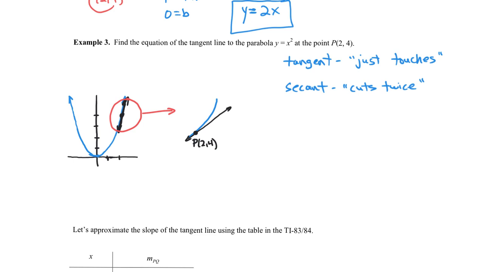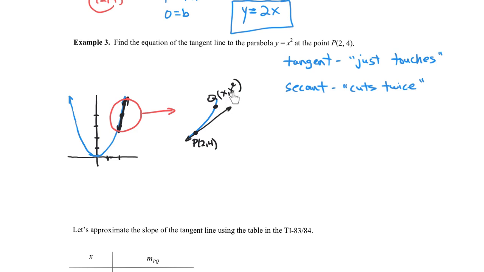The way we could approach this is to call this other point Q. And this would just be some point (x, x squared), right? Because this blue curve is the curve y equals x squared. So if x is 3, y would be 9.